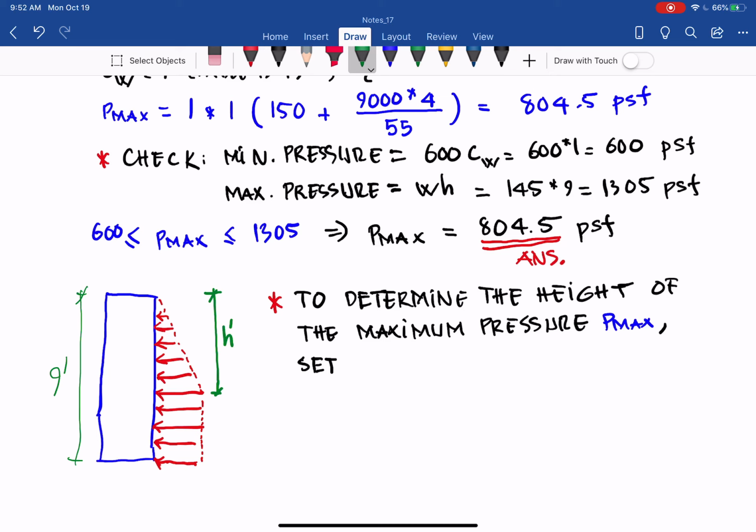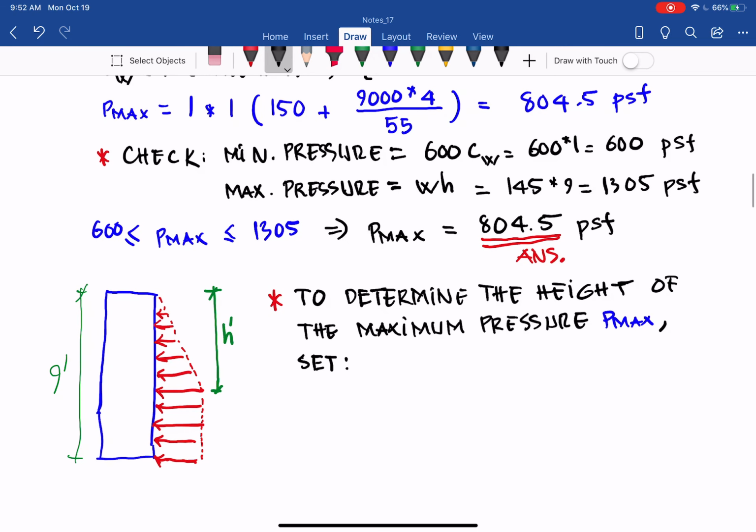Then with that, because it's linear, just like fluid mechanics, we have W, the unit weight of the concrete, times H apostrophe, equals Pmax. Just the first Pmax reached here, right? Pmax.